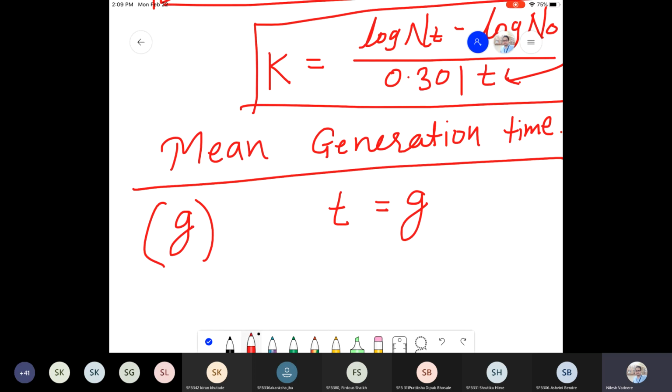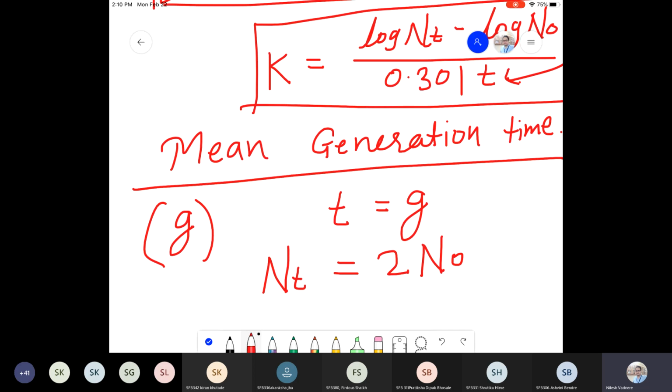So doubling means what? The value of nt, nt is what? Total number of cells after incubation time t. So if t is the generation time, then this nt value will be double of the initial number of bacteria, that is n0. nt will be equal to 2 into n0.